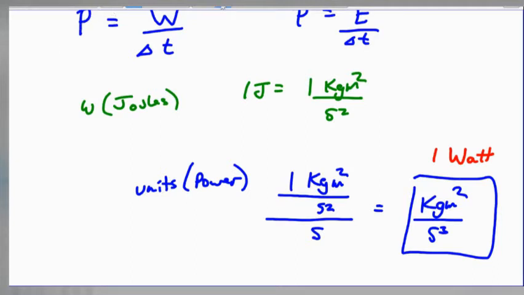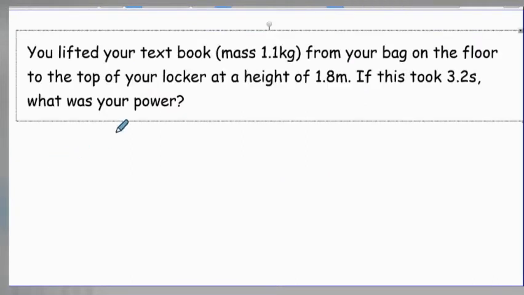Let's practice solving a couple questions. All right, so you came into school and set your book bag on the floor and opened up your locker and took your book out, and it's got a mass of 1.1 kilograms.